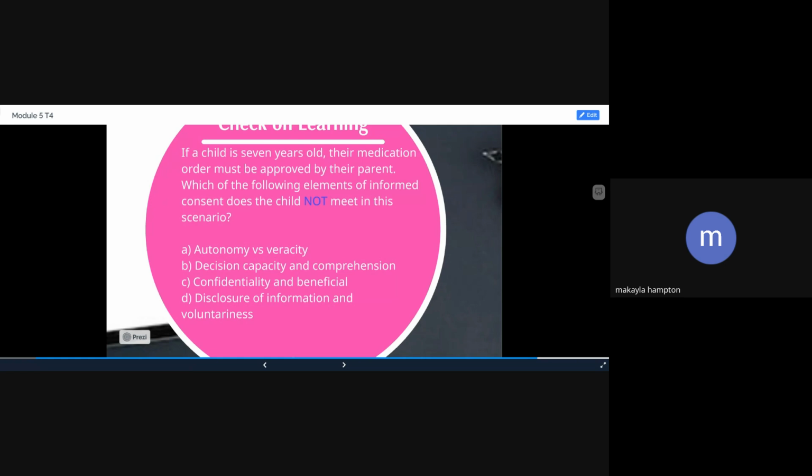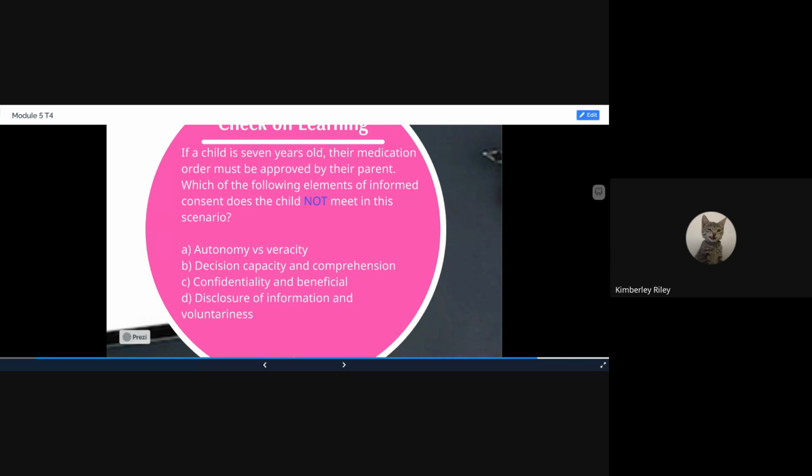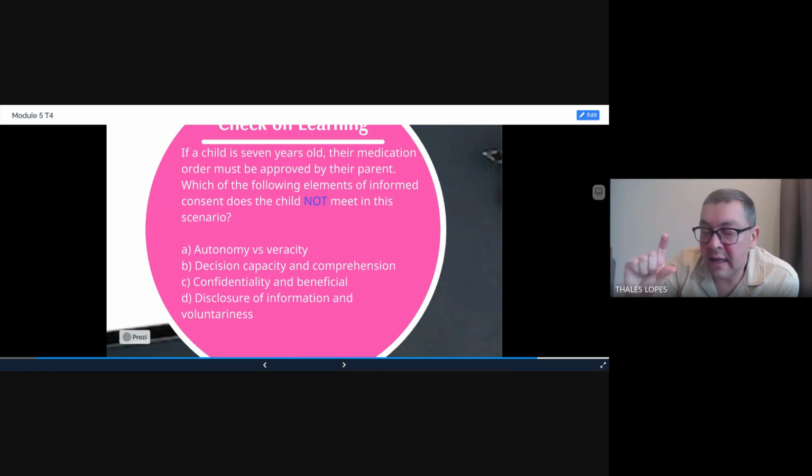Yeah, perfect. So we're looking for a reverse answer. We know what informed consent is. Now, in my mind, I'm looking for the one that's not informed consent. I can tell you that 10% to 5% could easily be 10 questions we are missing because of this concept of reversing.